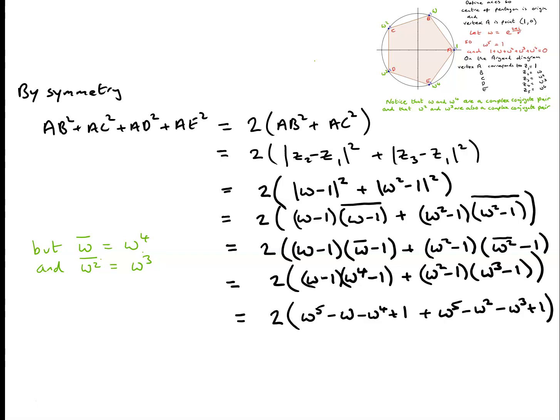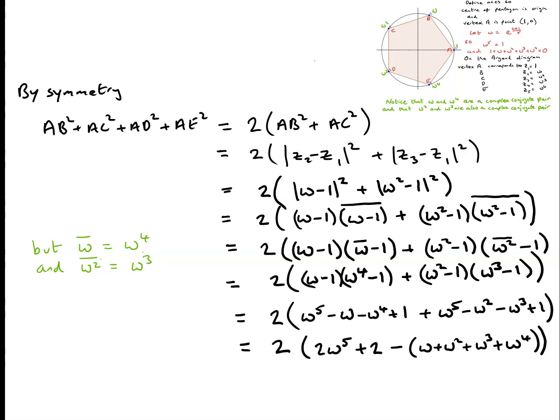So multiplying out now, we've got 2 lots of omega to the 5 minus omega to the 4 minus omega plus 1, plus omega to the 5 minus omega squared minus omega cubed plus 1.